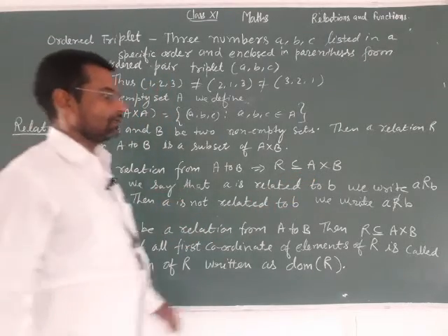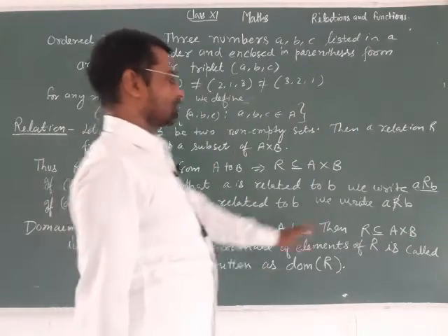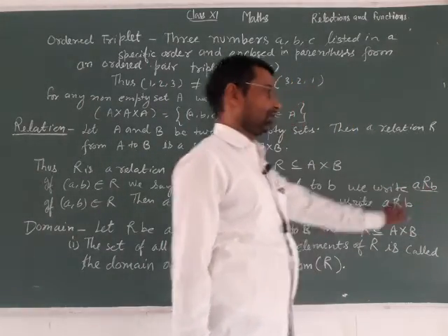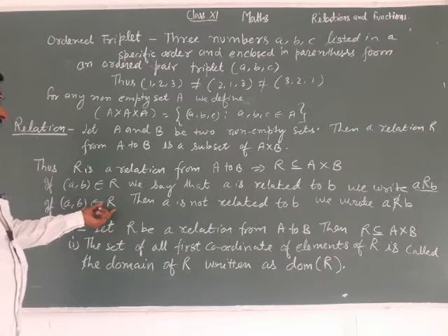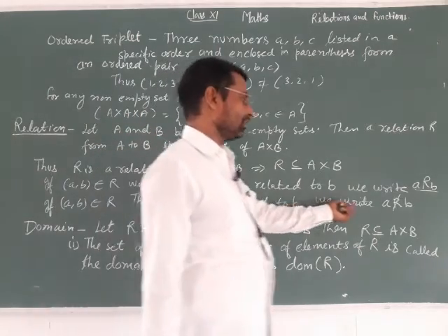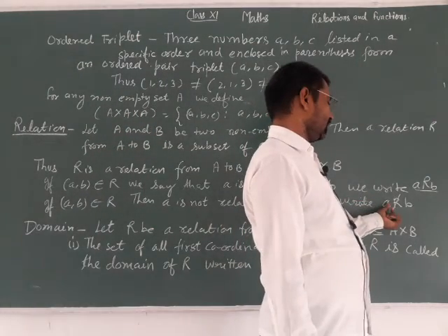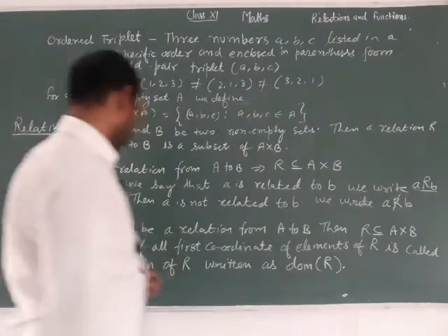We can write a R b. If (a, b) does not belong to R, then a is not related to b, and we can write a R̸ b.